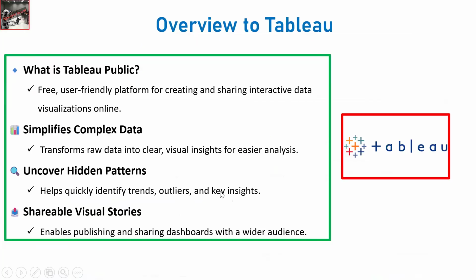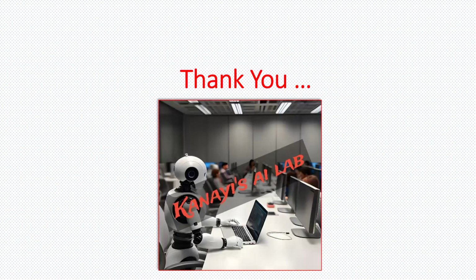Hope you are clear on what Tableau is, how to create visuals using Tableau, and how to create a dashboard using Tableau. Hopefully you can beautify, format and fine-tune the visuals using the format option, and you can share the dashboard, visuals and story to the public using Tableau Online.